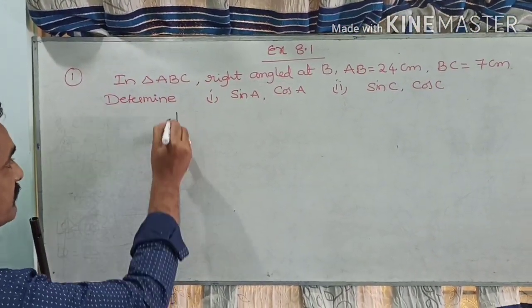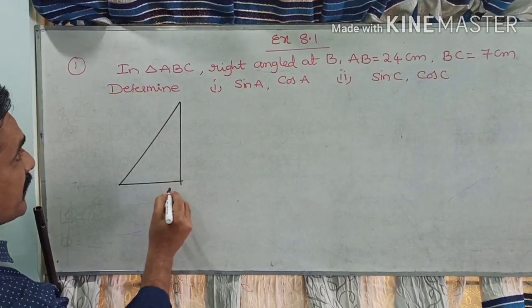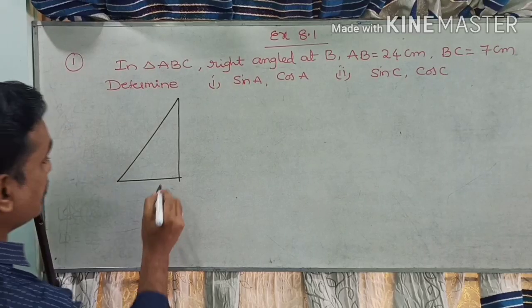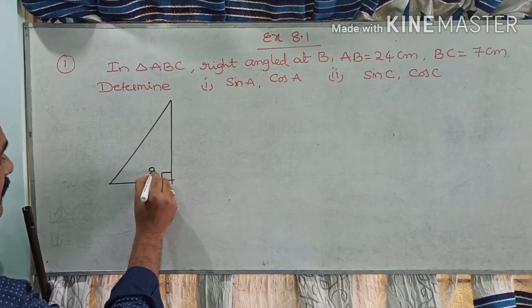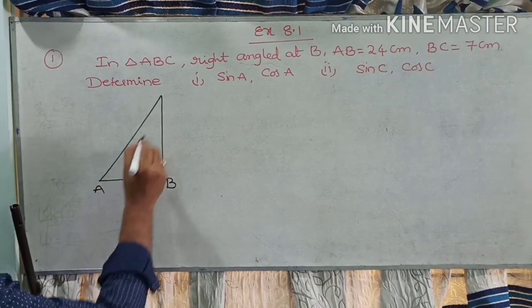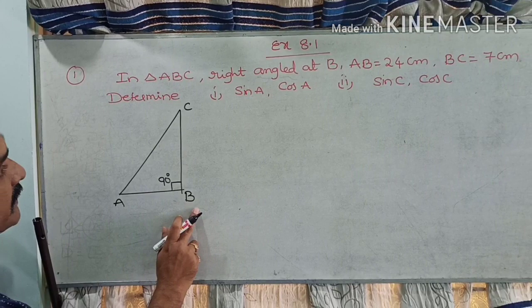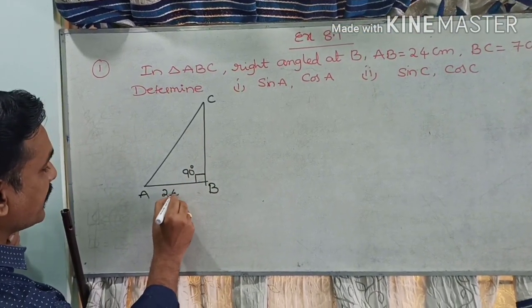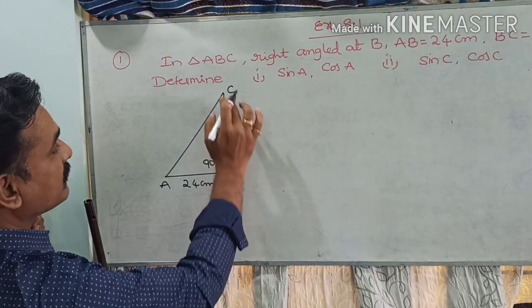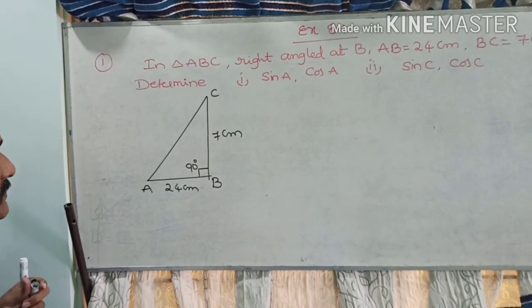So draw one right angle triangle based on the given data, and mark angle B equals 90 degrees, with AB equals 24 centimeters and BC equals 7 centimeters.